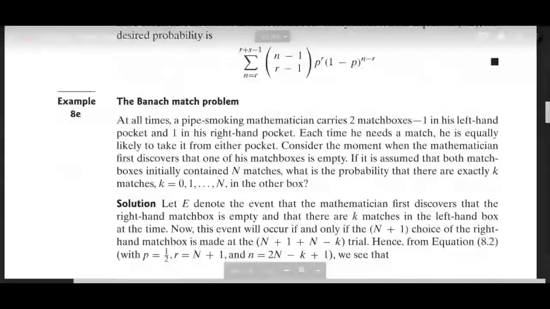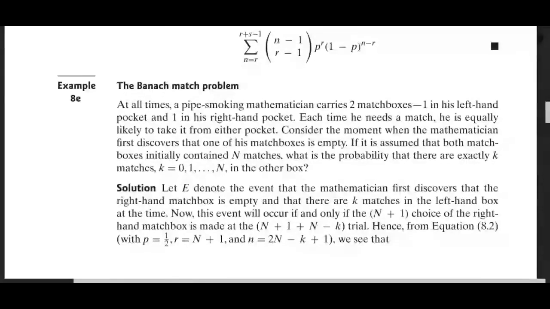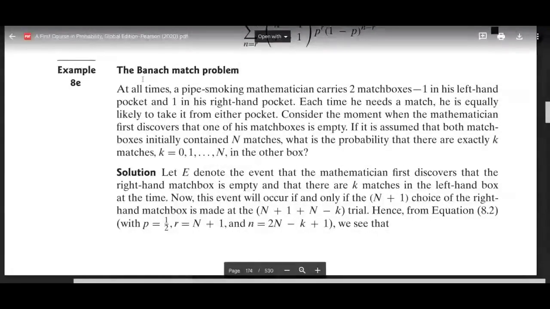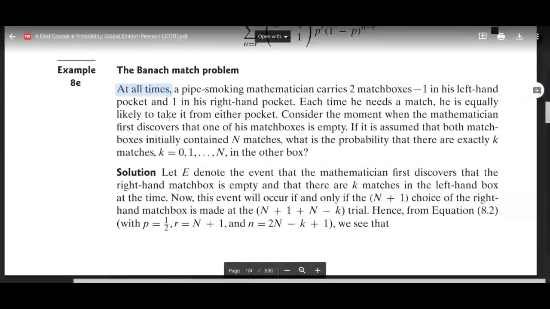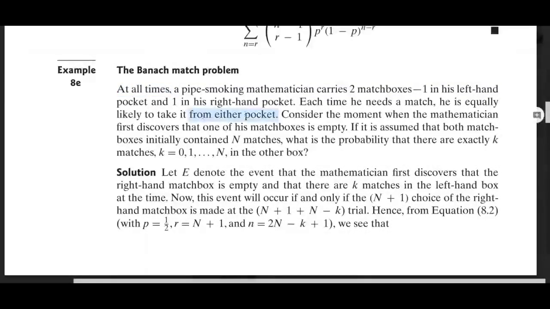Okay, let's see a real example. Hopefully, this is a real example. The Banach match problem. At all times, a pipe-smoking mathematician carries 2 matchboxes, one in his left-hand pocket and one in his right-hand pocket. Each time he needs a match, he's equally likely to take it from either pocket.